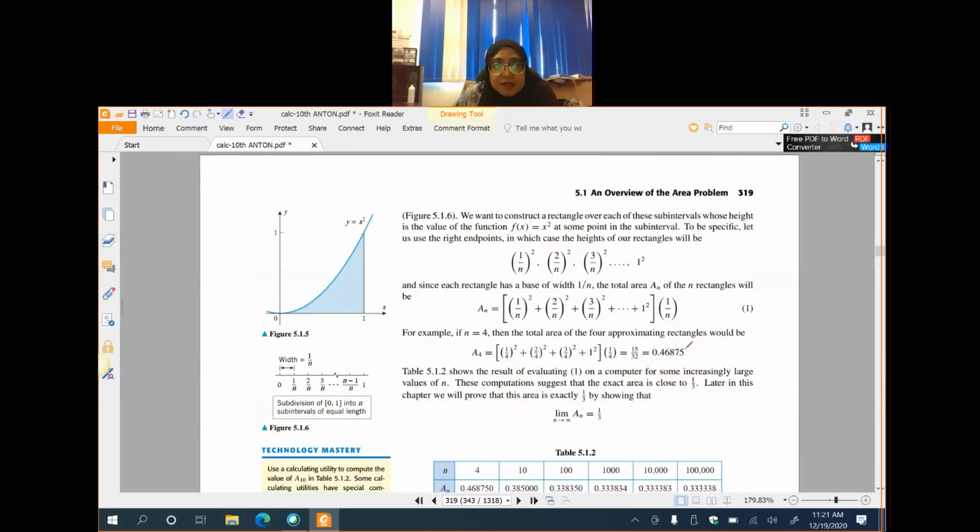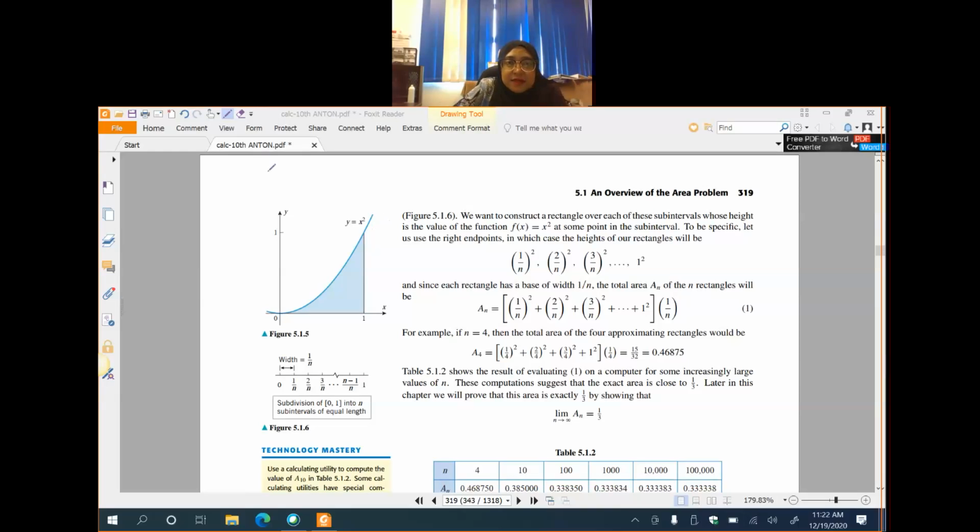Let's see this example here. Y is equal to x squared. The function is not difficult for you to integrate analytically.